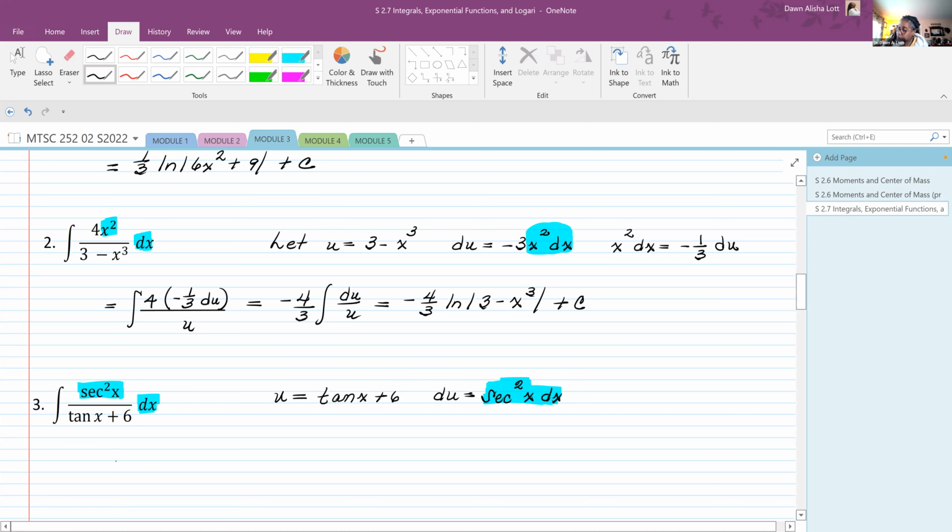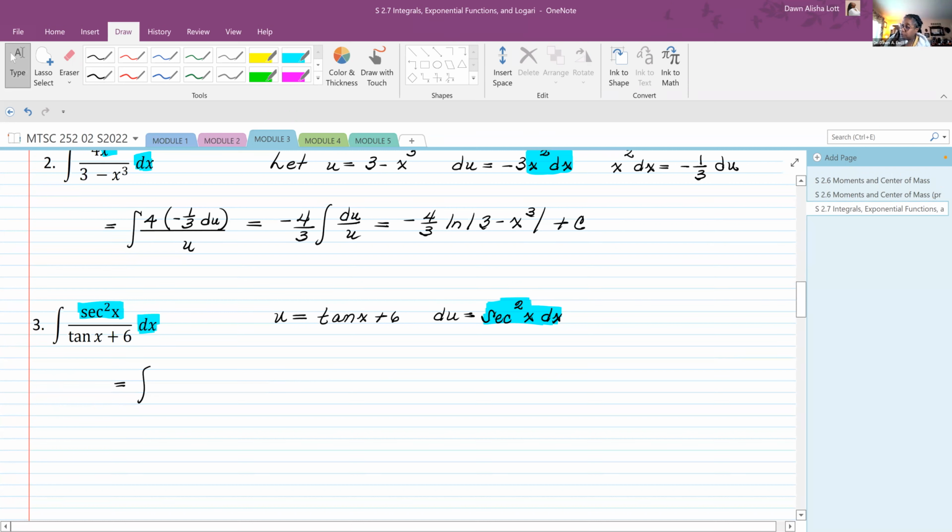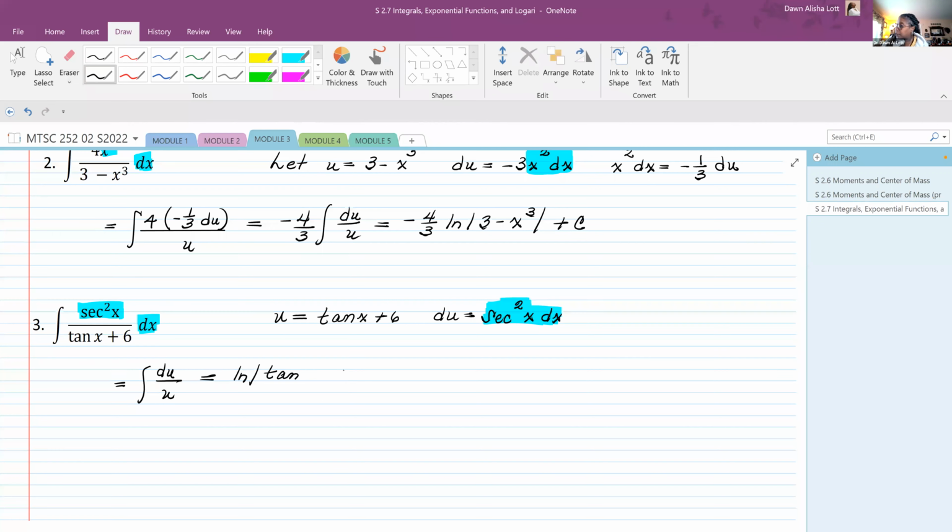So this is the integral secant squared x dx is du over u. So that's the log of the absolute value of u, but u is the tangent of x plus 6, plus the constant.